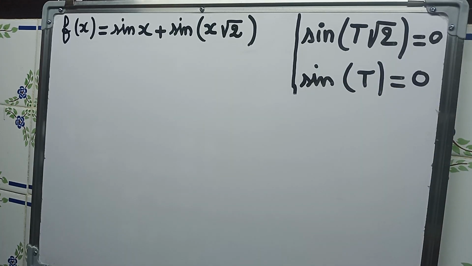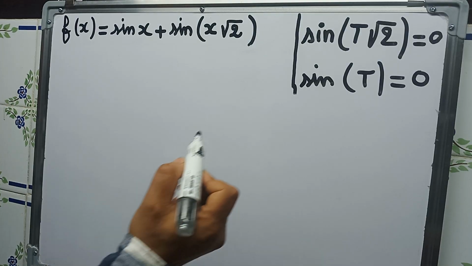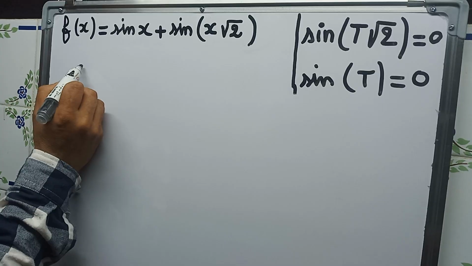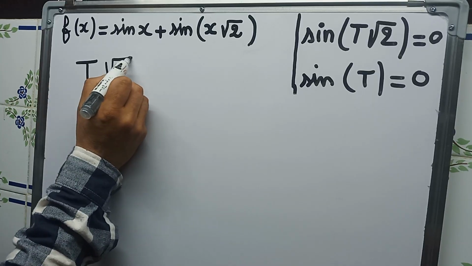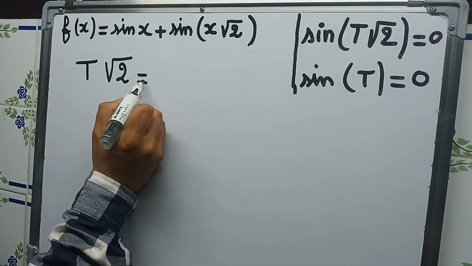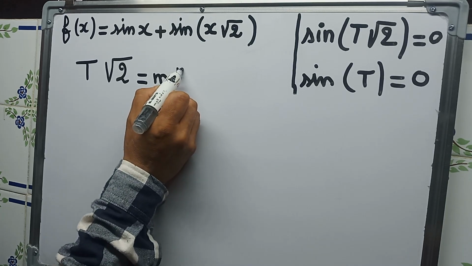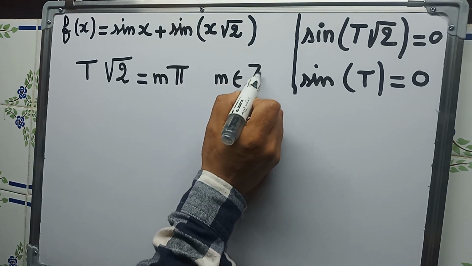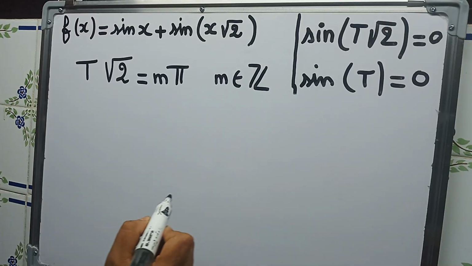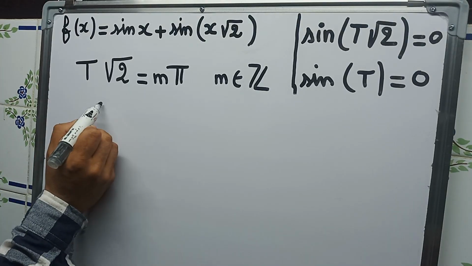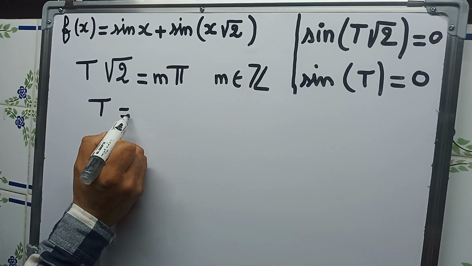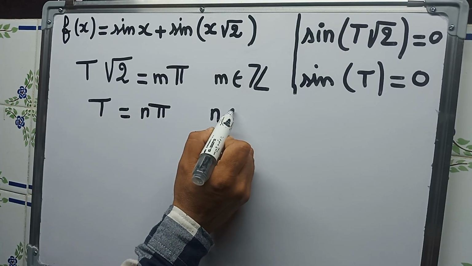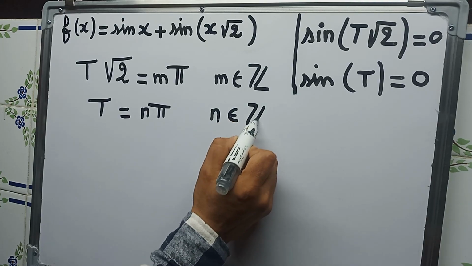Now the final step of the proof. Here we have sine of t square root of 2 is equal to 0, meaning that t square root of 2 is equal to m pi, with m some integer. And also sine of t is equal to 0 means that t is equal to n pi, of course, also with n an integer.